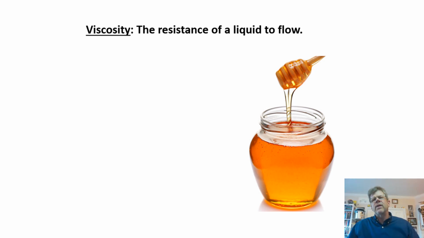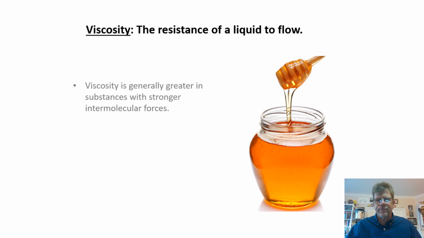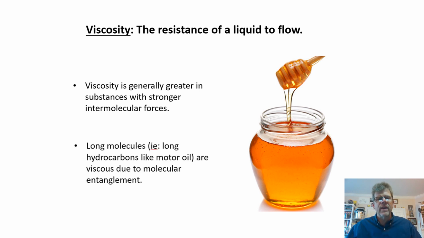So in a way, we could say that the particles of the honey have higher intermolecular forces than the particles of water. So the viscosity is generally greater in substances with stronger intermolecular forces, as we just said.